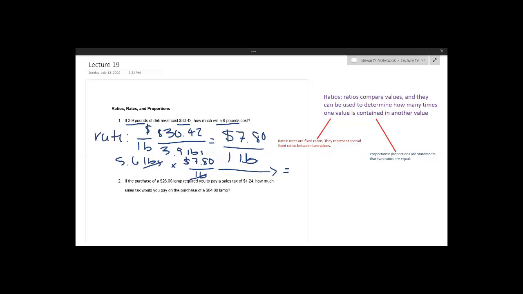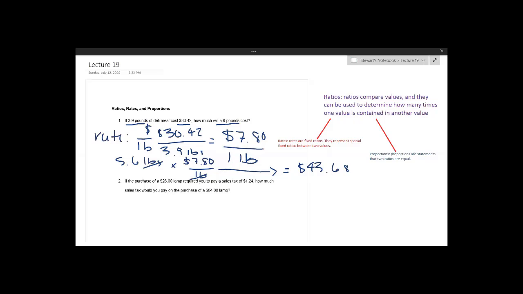We have 7.8 times 5.6, which would give us a grand total of 43.68. So assuming that this was the same deli meat, this works because we're finding the rate for the same deli meat based on information we were given.